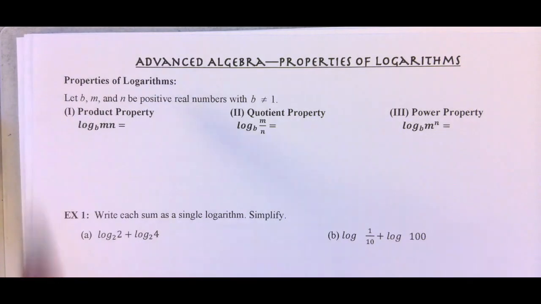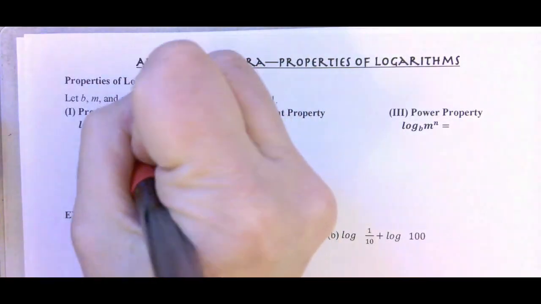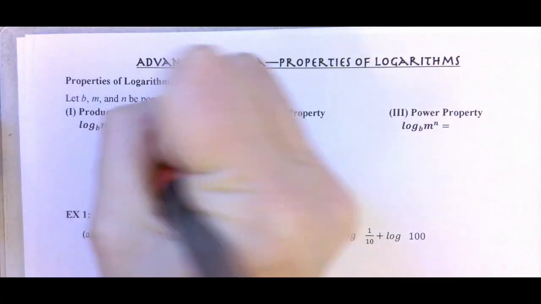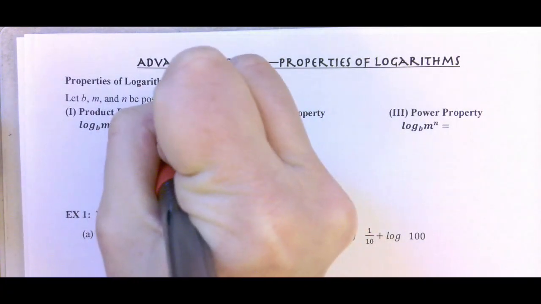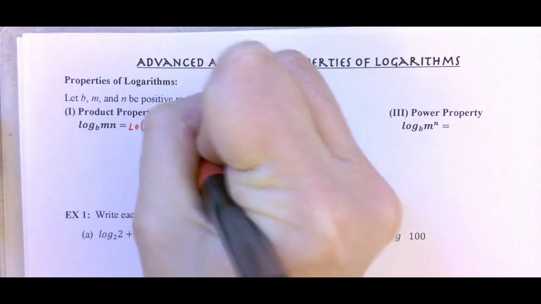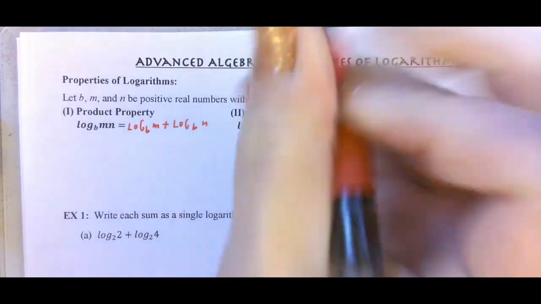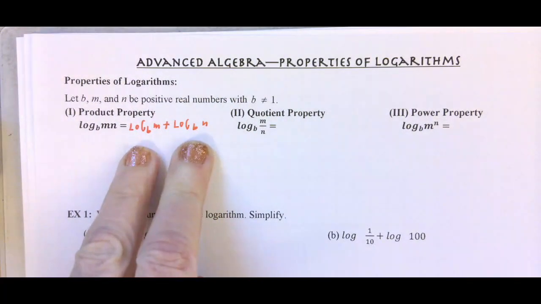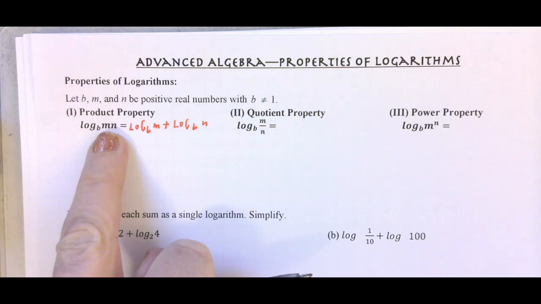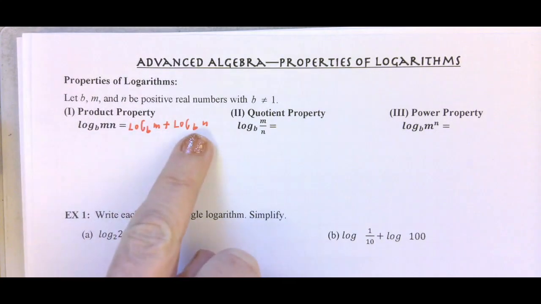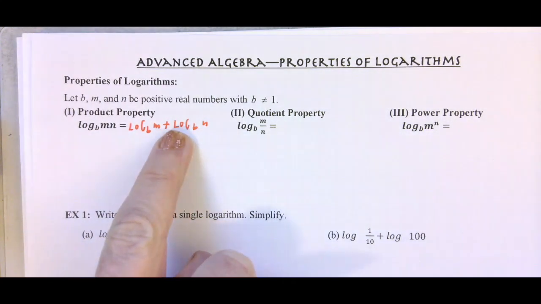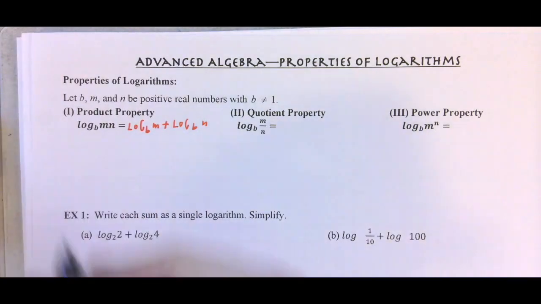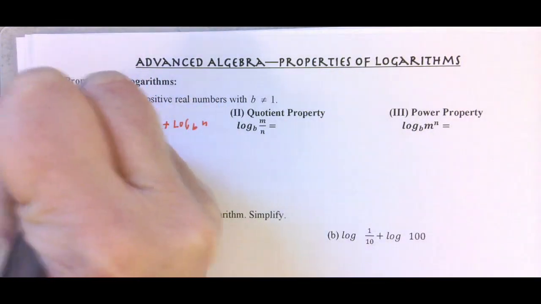We can break this apart into two smaller logs. We can express it as log base b of m plus log base b of n. So we can break apart the products and write it as two separate logs with the same base, joining them through addition.